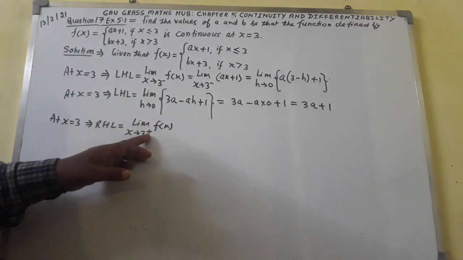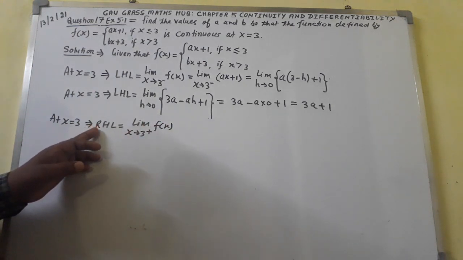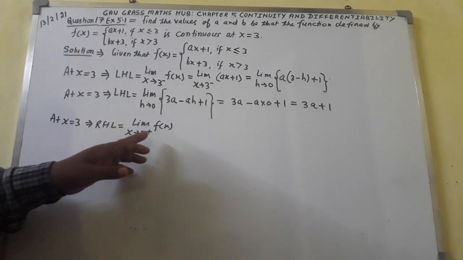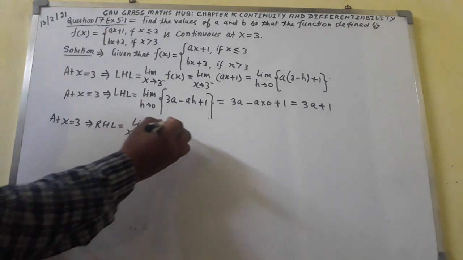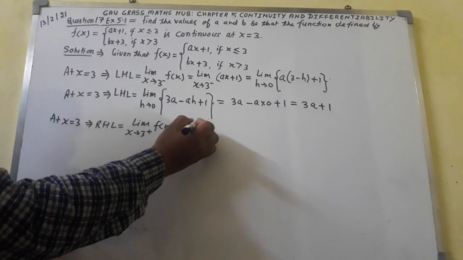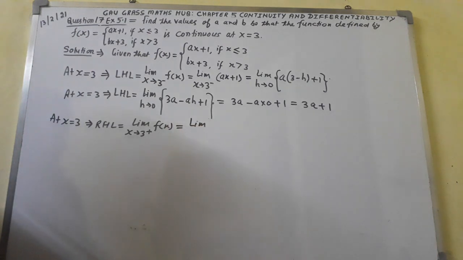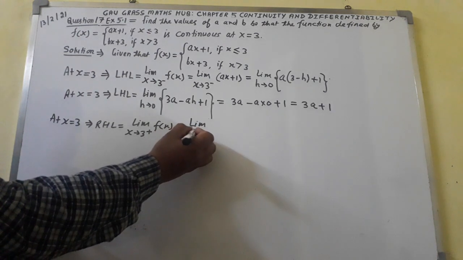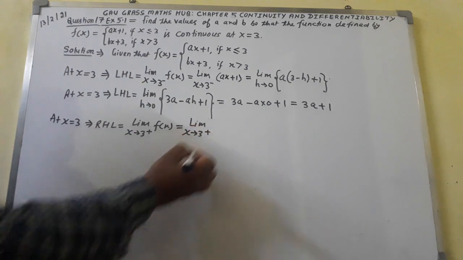Why have I written positive? Because right is written here, that's why the positive sign will come. Lim x tends to 3 positive.